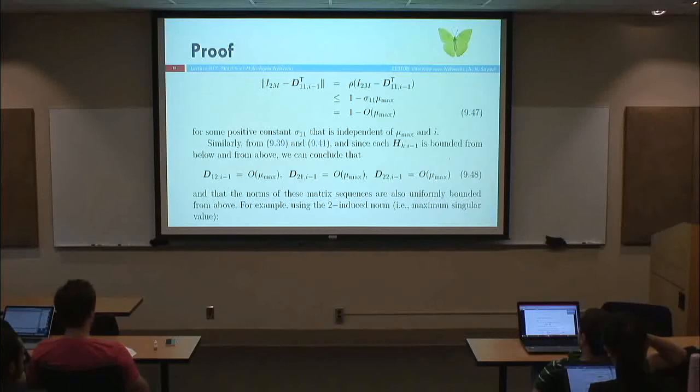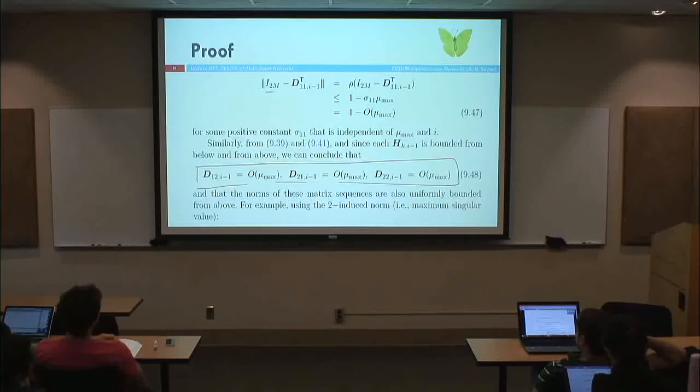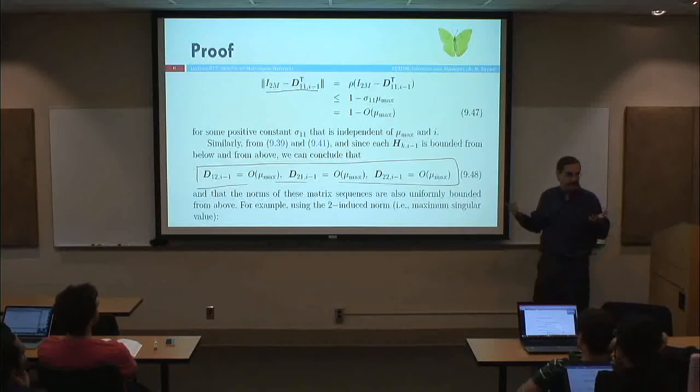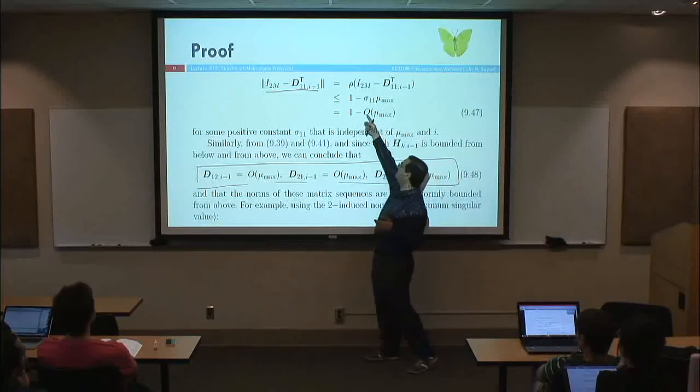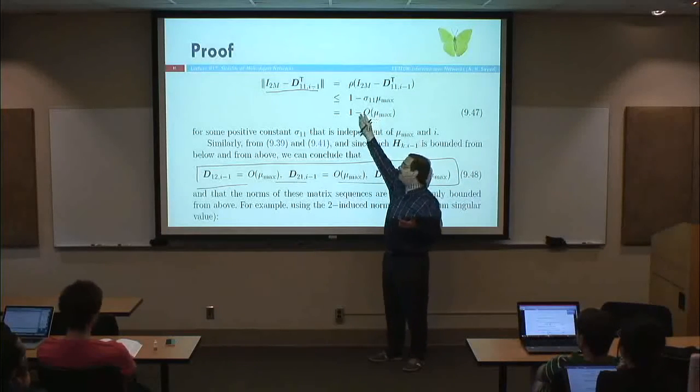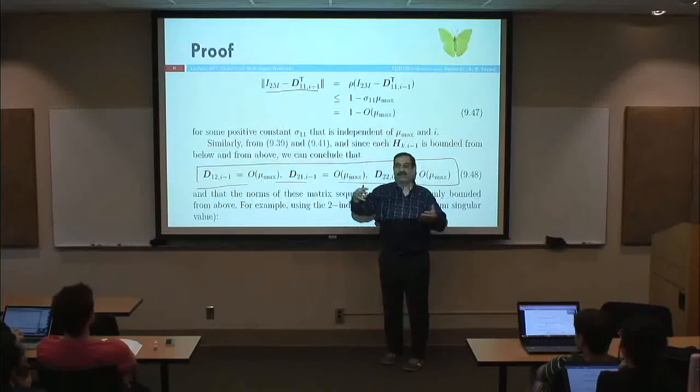Okay. Now, similarly, all the other V's will have entries of the order of mu. Fine? Of course, here, another result. Since this is Hermitian, the two induced norm is the spectral radius, the maximum eigenvalue. Since the eigenvalues are of this form, obviously that norm is of this form, 1 minus something of order mu.